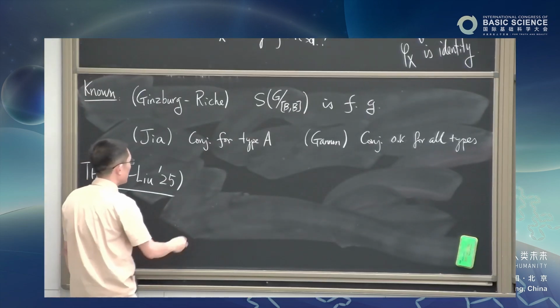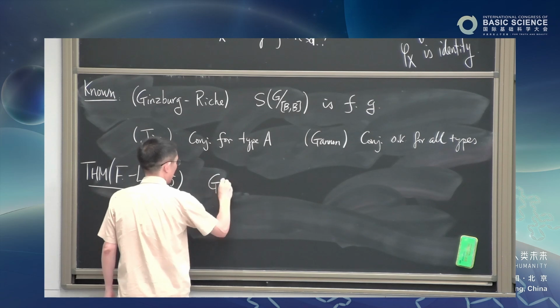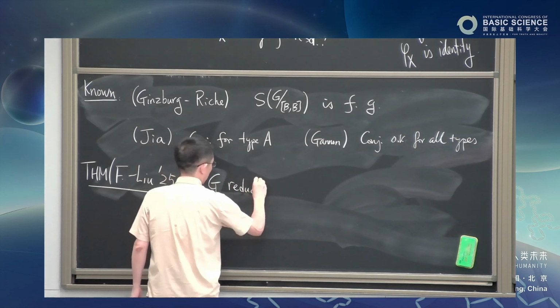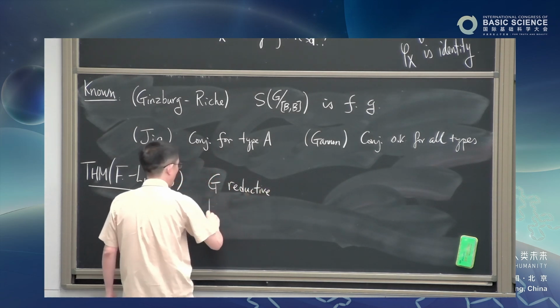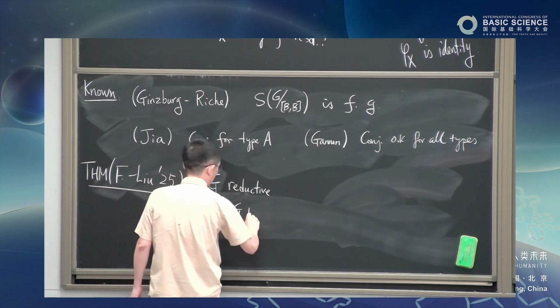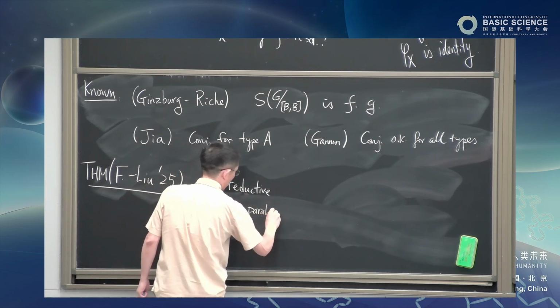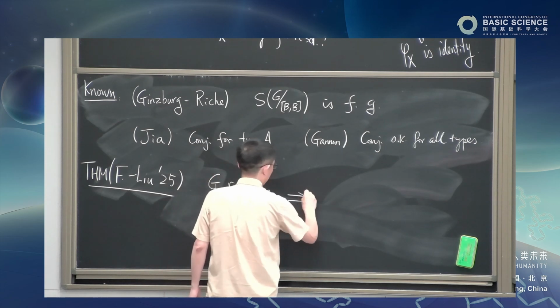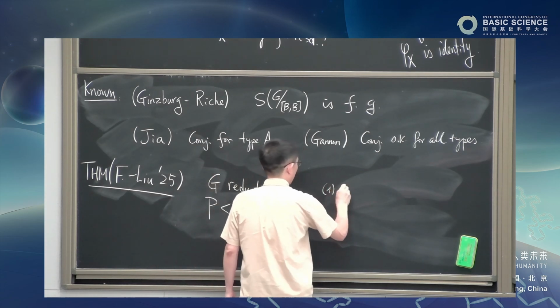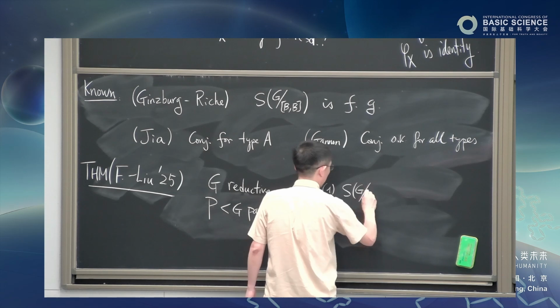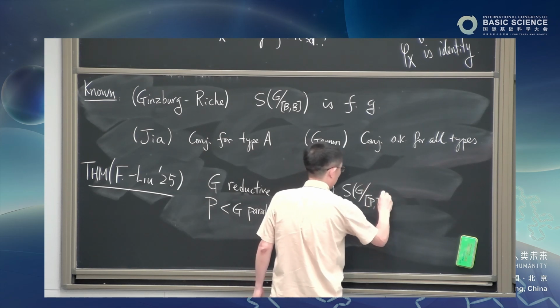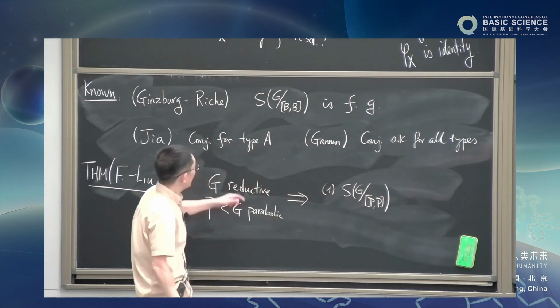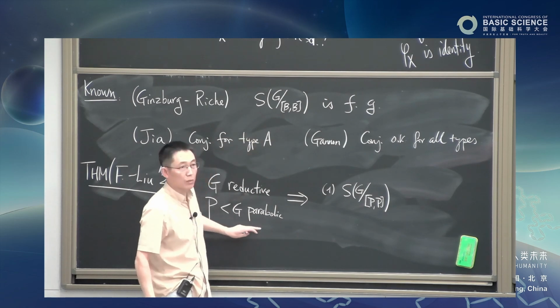In fact, we prove something more. So if G is reductive, and this P is parabolic, then we show first of all this ring of G mod P' is, where P' is the commutator of this P. So we generalize this B to any parabolic subgroup.